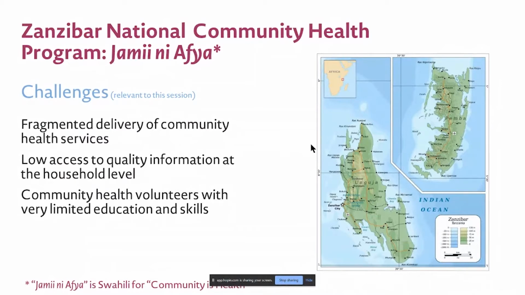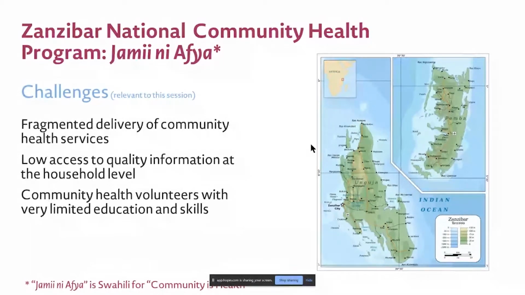Zanzibar consists of 2 main islands and a couple of smaller islands off the coast of Dar es Salaam, the economic capital of Tanzania. D-Tree International has been active in Zanzibar for a little bit more than a decade and always in the community health space.